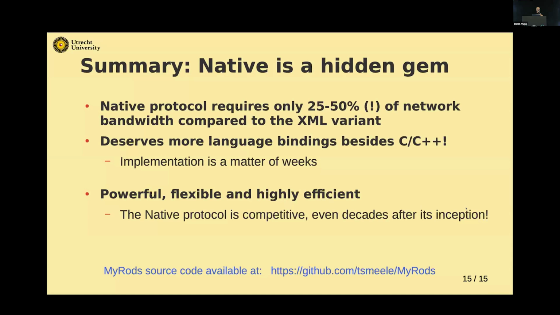My summary is, native will save you a lot of network bandwidth if you use it, compared to the XML variant. So let's do the native. Let's get more native in here. It really deserves more language bindings besides C and C++.